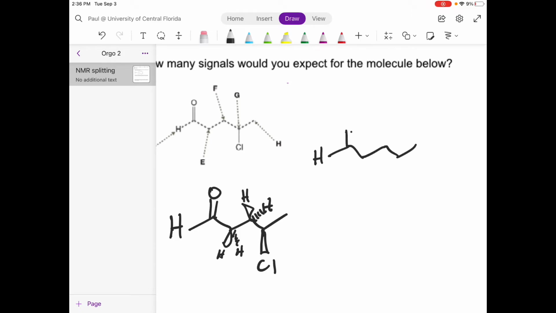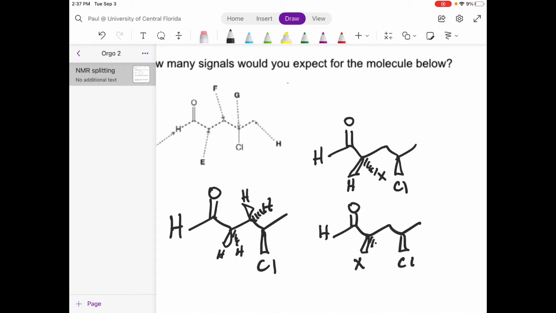So the first question that I want to ask is, what is the relationship between these two protons right there? And the way that you have to do that, like every other replacement test, you have to make two molecules and replace one with an X, and then draw another molecule like that. Now we have to ask ourselves, what is the relationship between this molecule and that molecule?